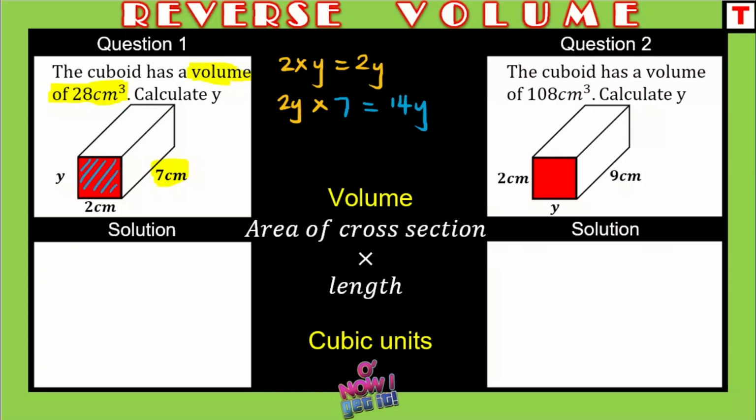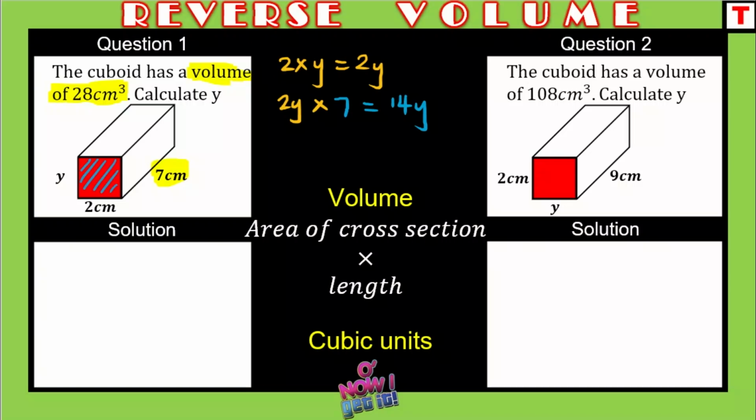So 2y multiplied by 7 would give us 14y, and 14y is representing the volume. This is representing the volume as an expression. So therefore, from this, we can set this equal to what they said the actual value of the volume is.